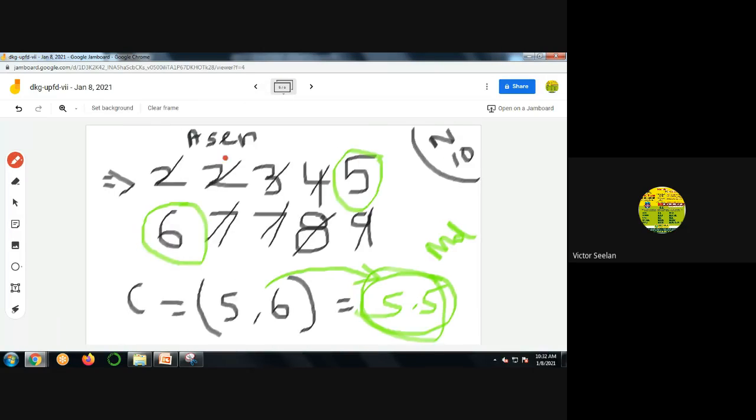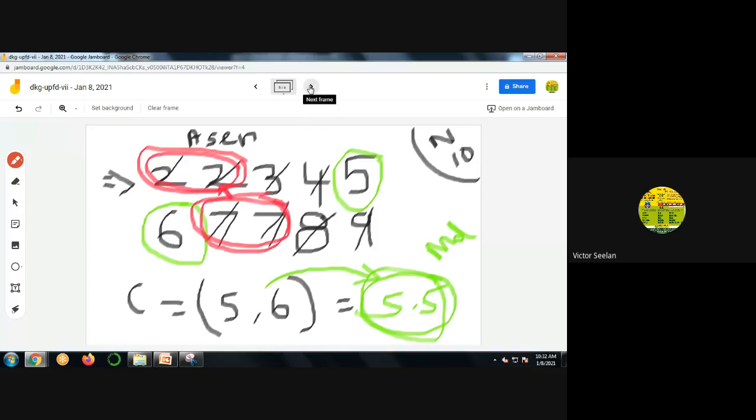So now, first value 2 is repeated 2 times, 3 one time, 4 also one time, 5, 6 also one time, 7 also repeated 2 times. There are 2 numbers repeated. Number 2 repeated 2 times, 7 also repeated 2 times. So there are 2 values repeated, 2 and 7.